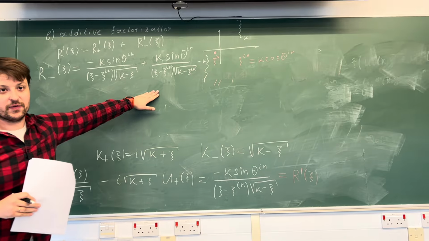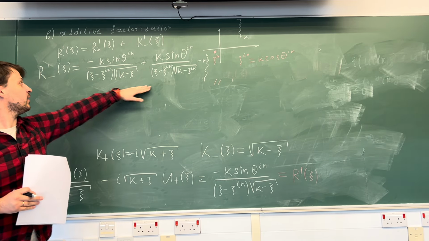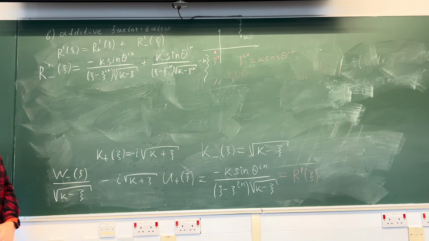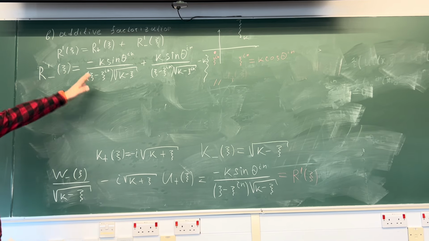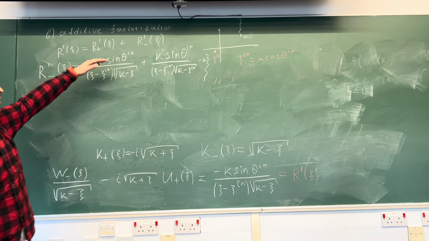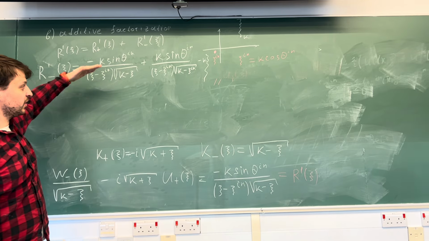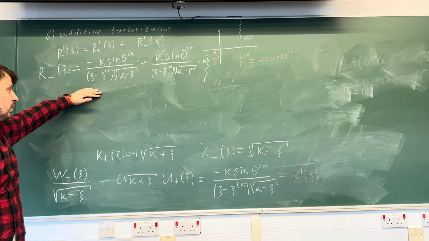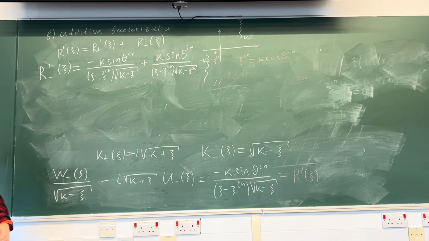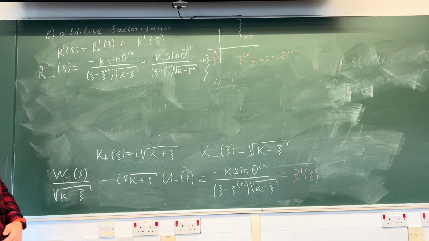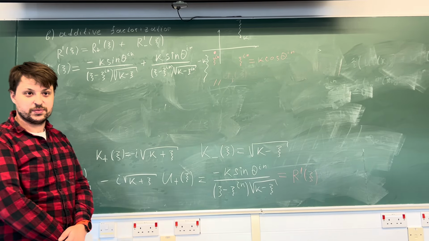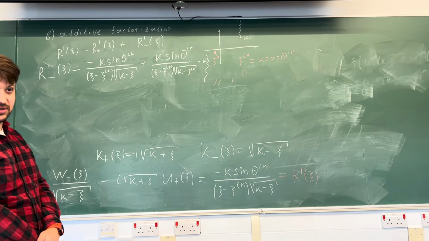This is just a polar function. And this function doesn't have a pole here, because when we take a limit, this thing will kill this thing. So we will have 0 in the denominator and also 0 in the numerator. And then by taking a limit, we will obtain a continuous function at this point. Okay?